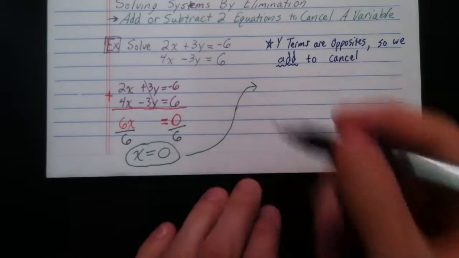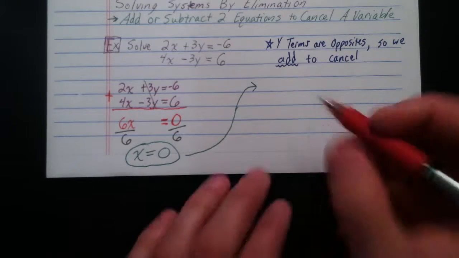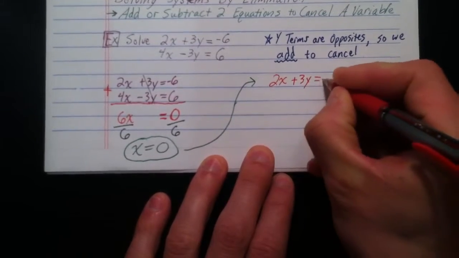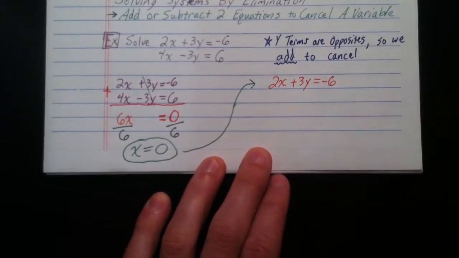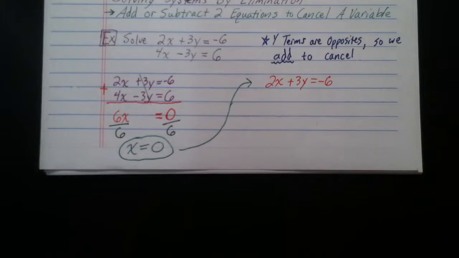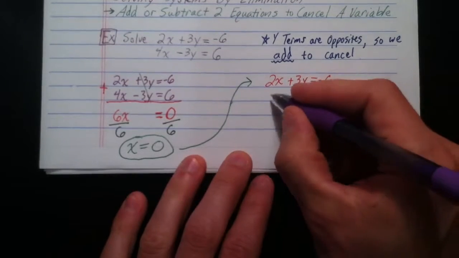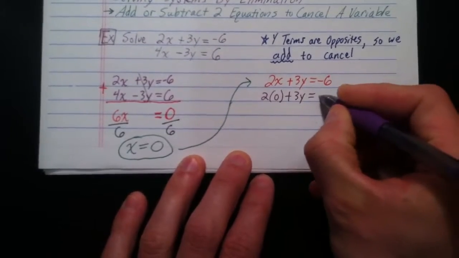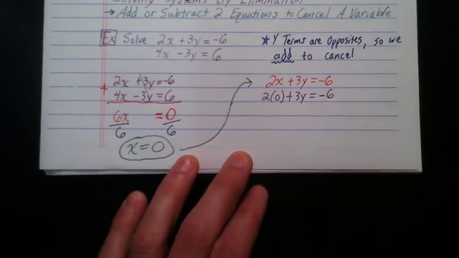So here I'm just going to take the first equation, 2x plus 3y equals negative 6. Replacing the x with a 0, we get 2 times 0 plus 3y equals negative 6.